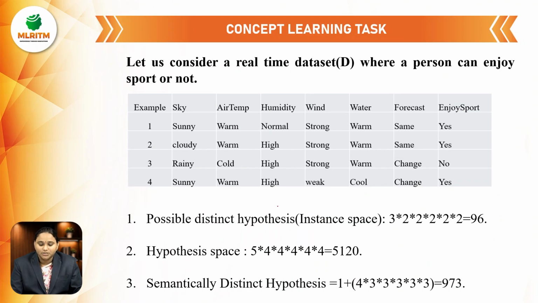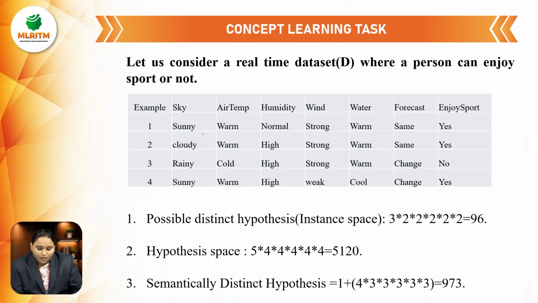Next, let us consider a real-time dataset D, where a person can enjoy a sport or not. This is the example in which we need to find the possible distinct hypotheses, the hypothesis space, and the semantically distinct hypothesis space.